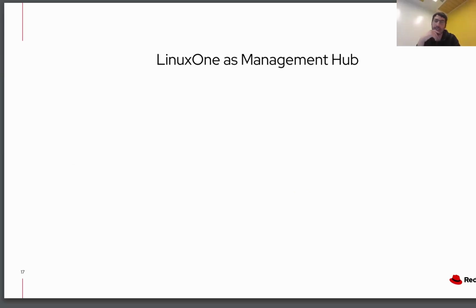Now, there is this idea that I really like, and the idea is to have a LinuxONE system as a management hub. So the idea is to have an OpenShift cluster on S390, and then put on top of it some multi-architecture, multi-cloud management tools.